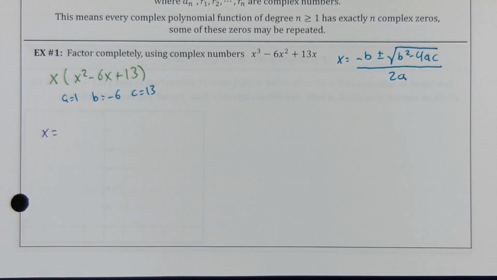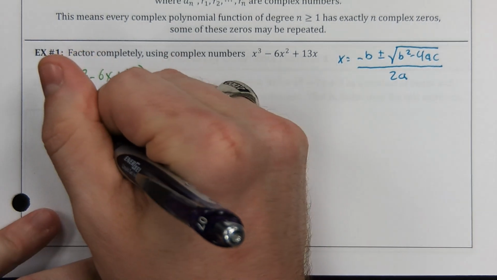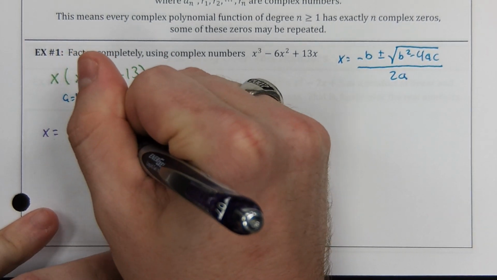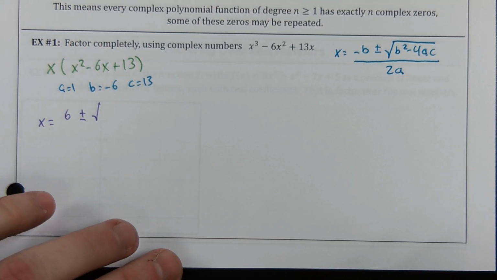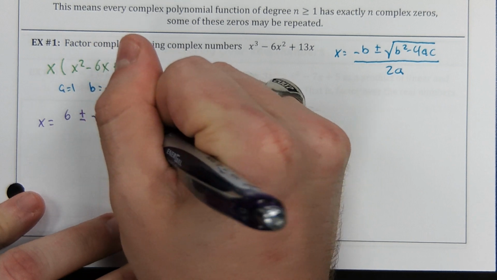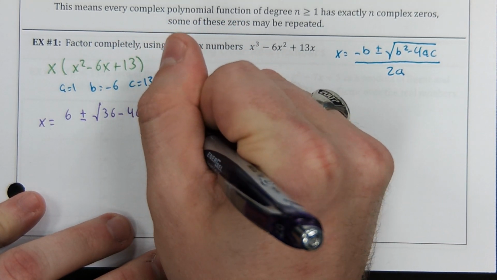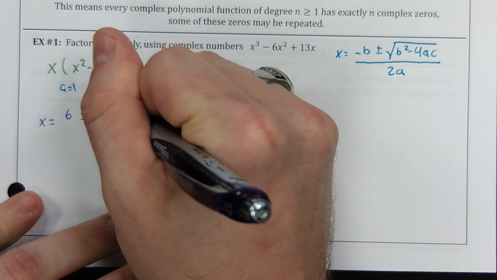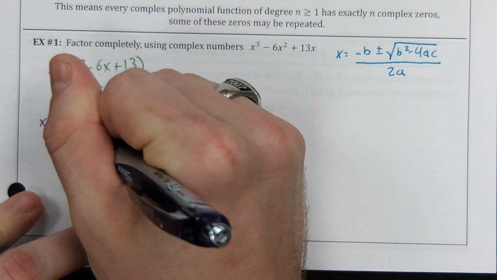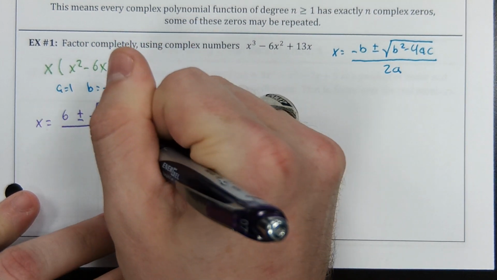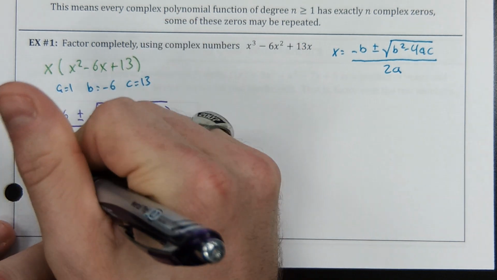X equals negative 6. That's positive 6, plus or minus square root of b squared, that's negative 6 quantity squared, that's 36, minus 4 times 1 times 13. Card players in the room will instantly know what 4 times 13 is. 52, good.